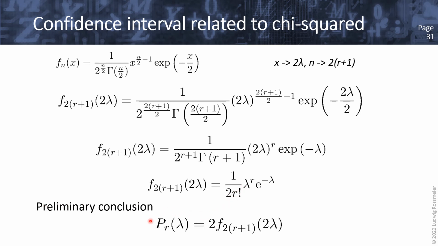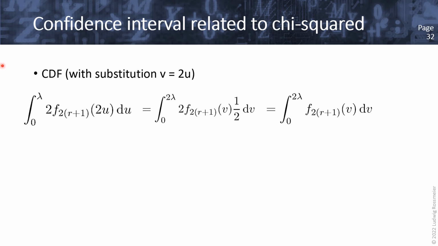As a preliminary conclusion, we can say that PR of lambda is the same as 2 times f2 r plus 1 of 2 lambda. I put the 2 times in front because here in the denominator there is 1 additional 2. From the probability density function, we now go to the cumulative density function. So we integrate with the du now.